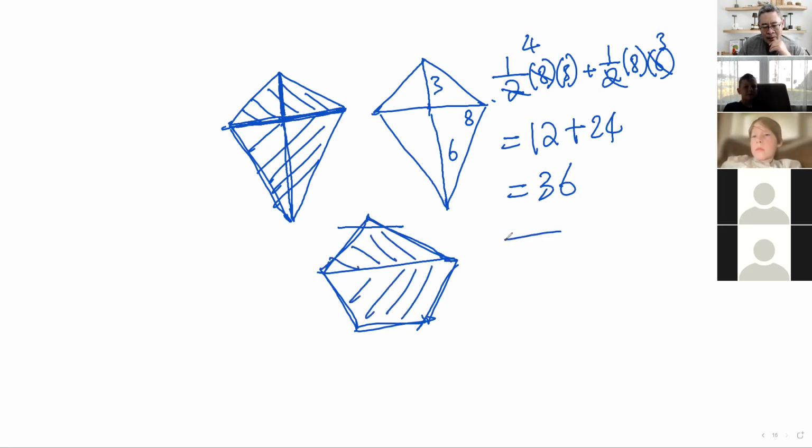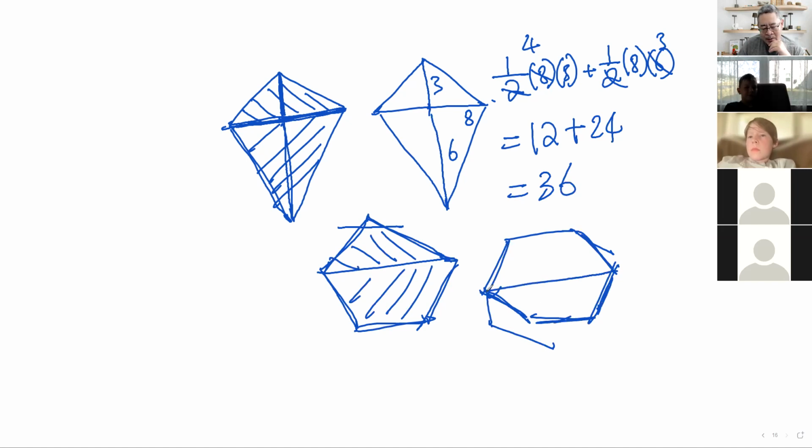Now, if we have a hexagon like this, with 4 sides, you can see that you can cut it, and it's made of 2 trapezoids.